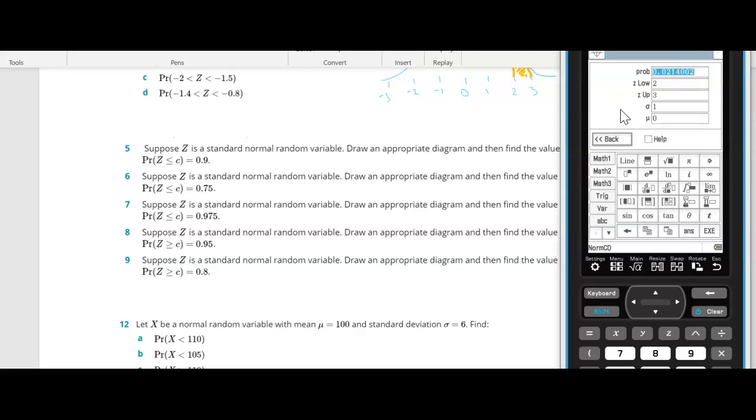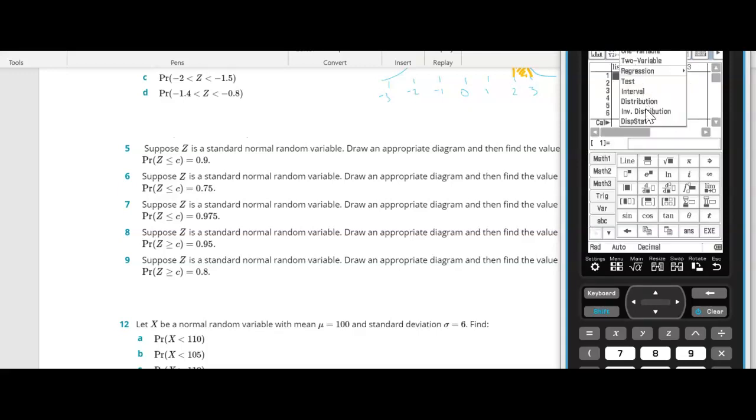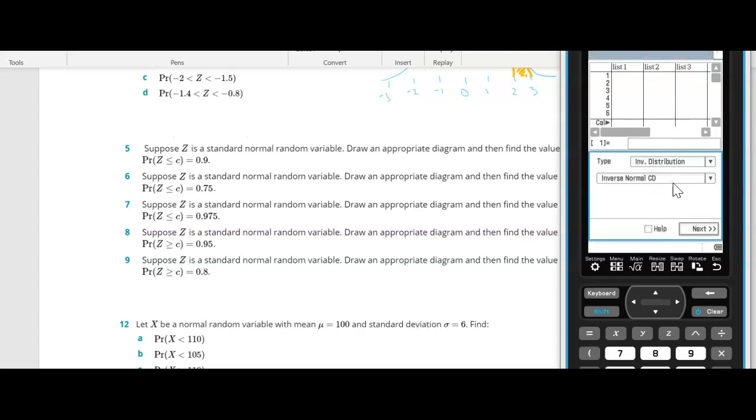So calc, inverse distribution and inverse normal, beautiful. For the first one we've got Z is less than C, so we want left. The probability is 0.9, and it's still standard, so we're sticking with 1 and 0. So there you've got 1.282.